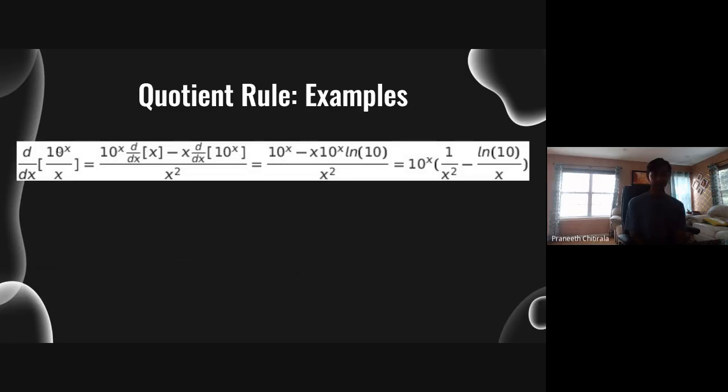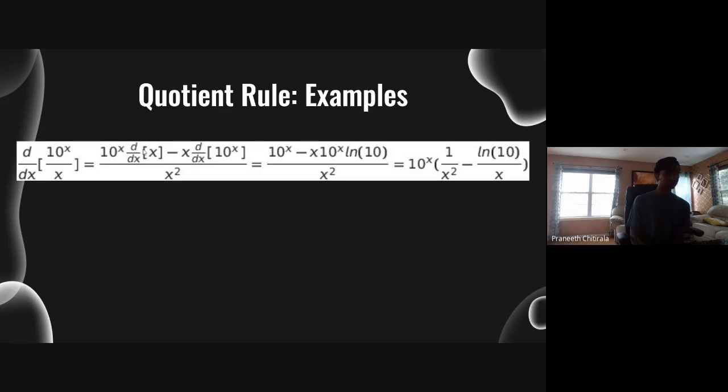F of x is 10 to the x, and g of x is x. So you have 10 to the x power times the derivative of x minus x times the derivative of 10 to the x, all over x squared. So you just have the denominator and then square that.